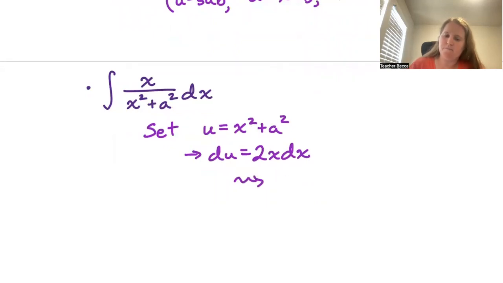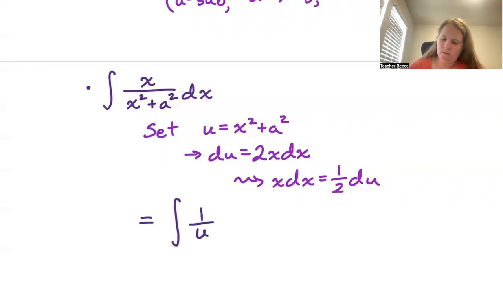And therefore x dx is 1/2 du. So this integral winds up being the integral of 1 over u times 1/2 du.